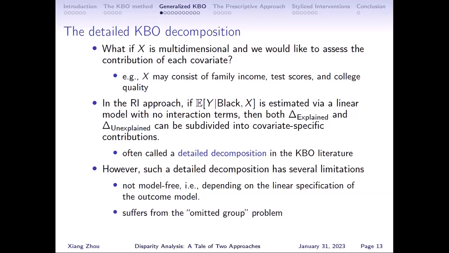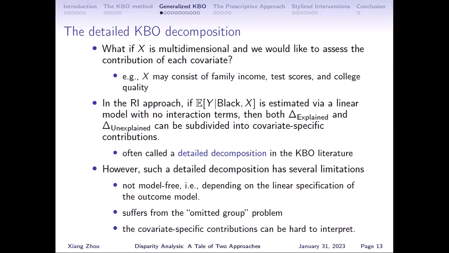And it suffers from the notorious omitted group problem. Specifically, you can show that detailed components of the unexplained part can depend arbitrarily on the reference group we choose for the specific model specification, right? This is true for both categorical and continuous predictors.